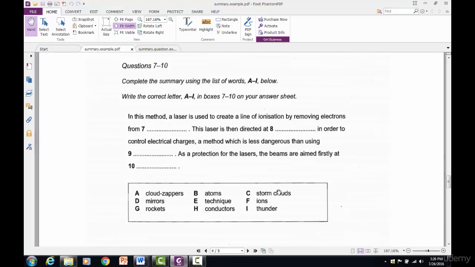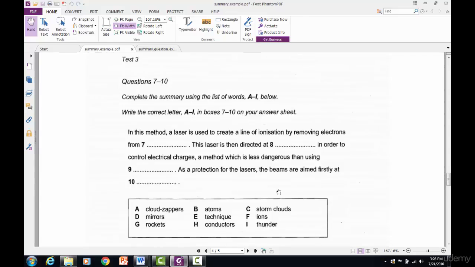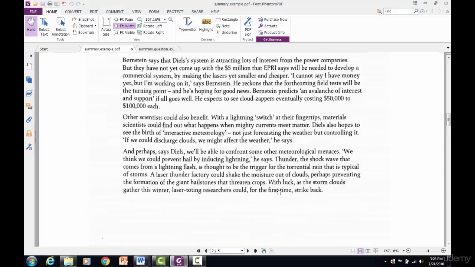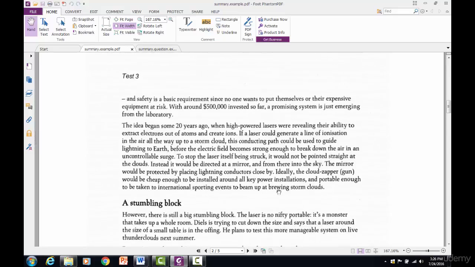Well, when I look at this paragraph, I don't see anything that's talking about it being less dangerous than. I don't see any information in this paragraph that talks about dangerous or less dangerous.